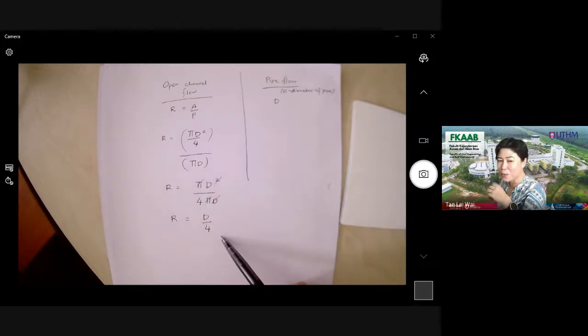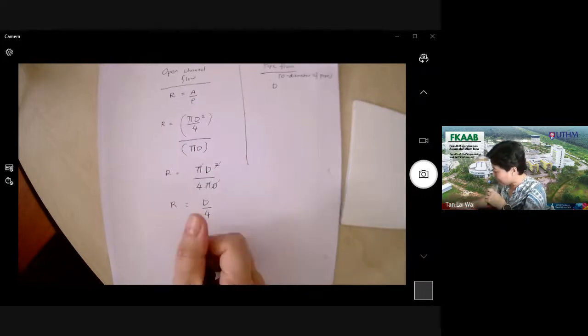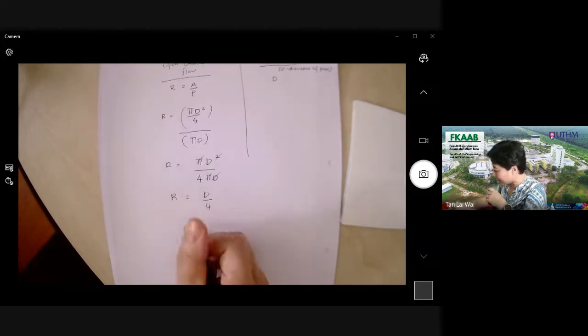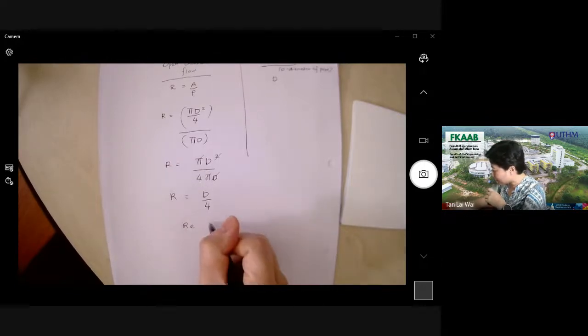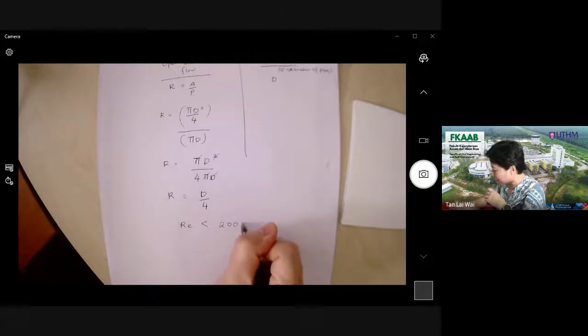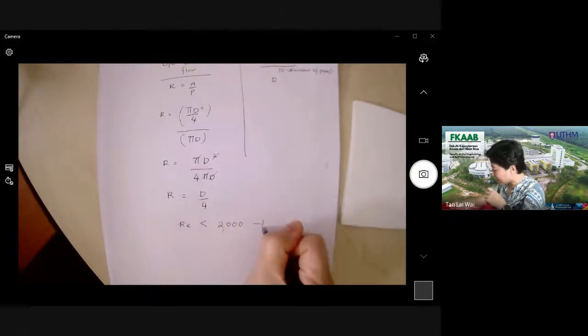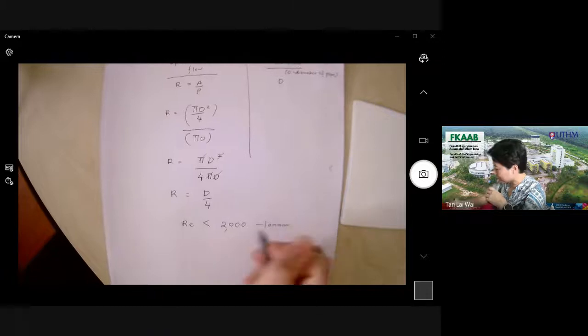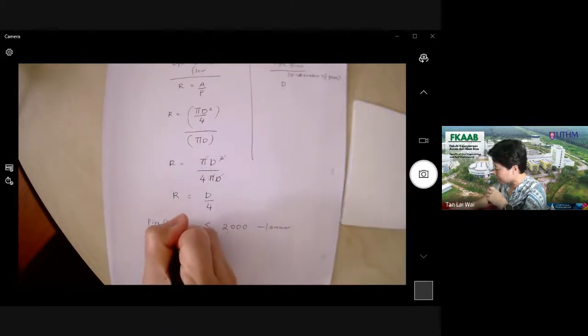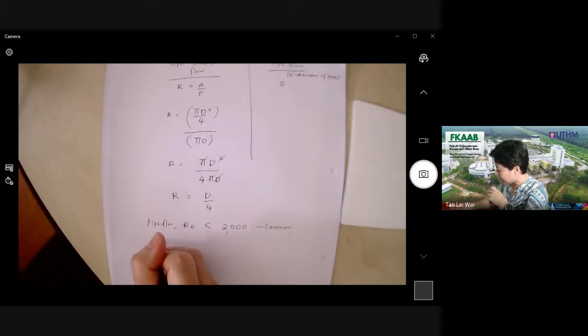That is why last time, the laminar limit, we said less than 2000 would be laminar in pipe flow. This is pipe flow. So this time, this is open channel flow.